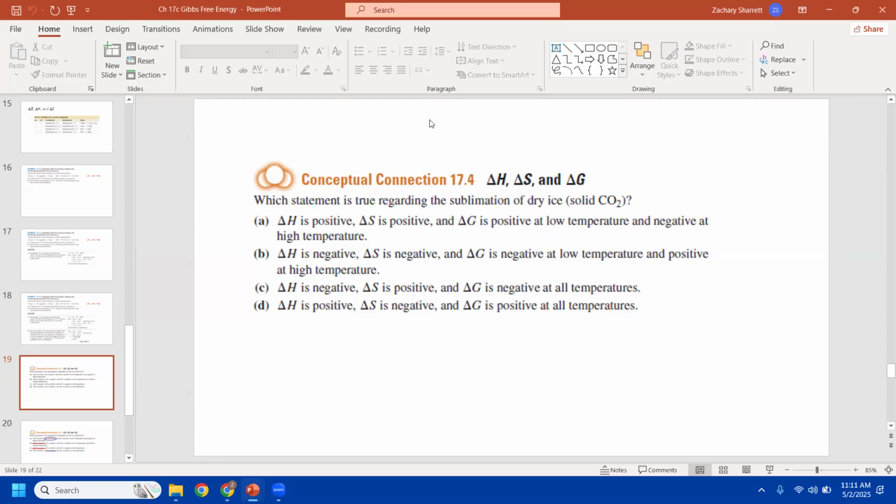Who helped with the Chem Club? Nobody? What's dry ice, Kayla? I mean, what does it do? So dry ice is a solid and it skips the liquid phase and just sublimes into a gas, right? You can play with it at like Halloween to make witch's brew because it's very smoky.